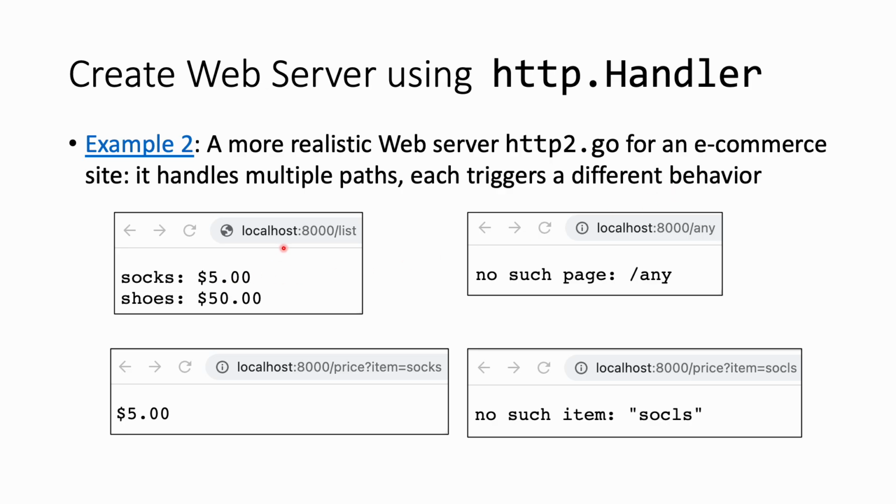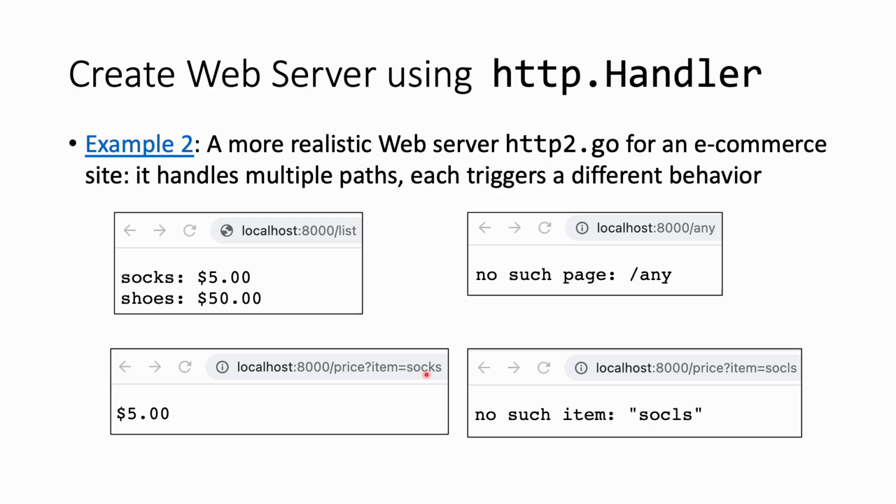In particular, for the path /list, it will list all items in the inventory. For a path that starts with /price followed by a query string with key item, it will display the price of the item matching the value of key item in the query string.